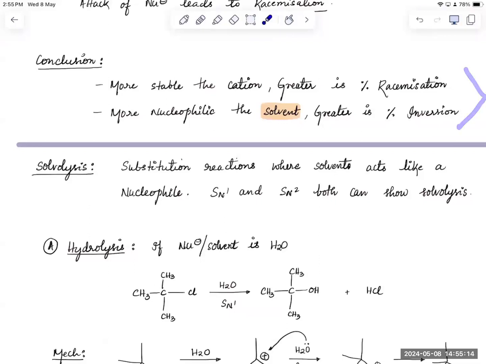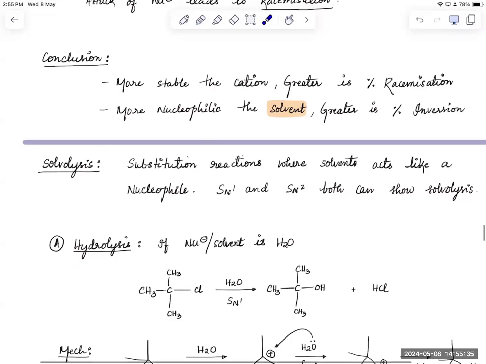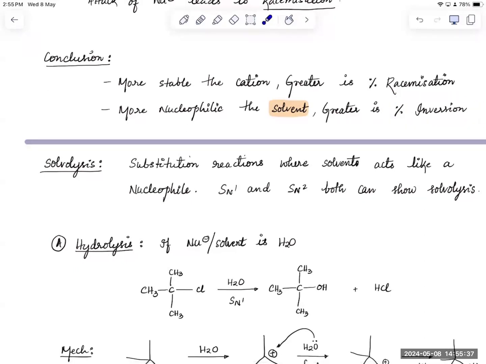Students, very important line. Understand that carefully. If the carbocation is stable, the percentage of racemization will increase, because it will racemize faster. It will not hold as a tight ion pair for a longer time. Or if the nucleophile strength is stronger, then you will see the percentage of inversion will be more.